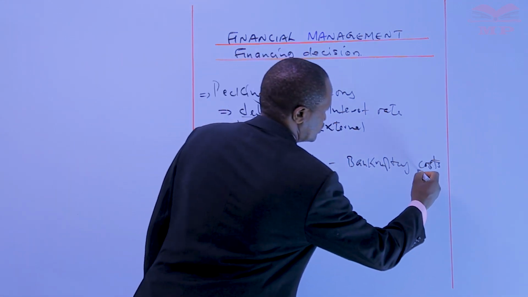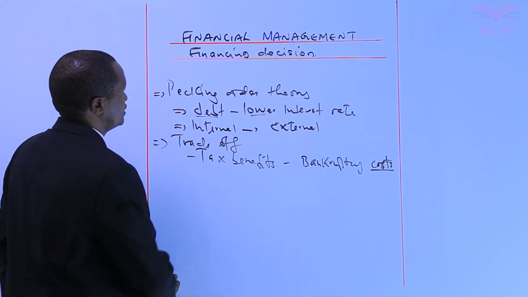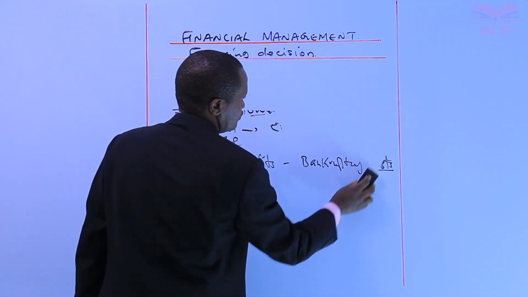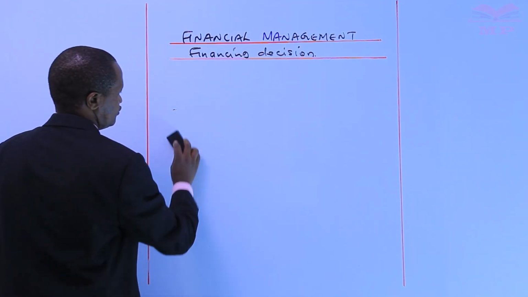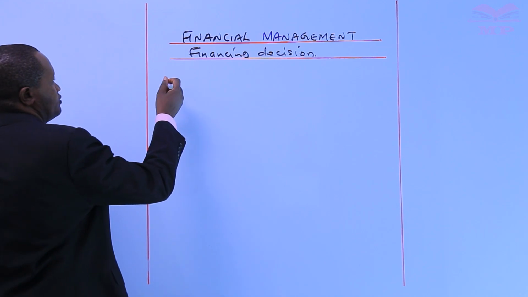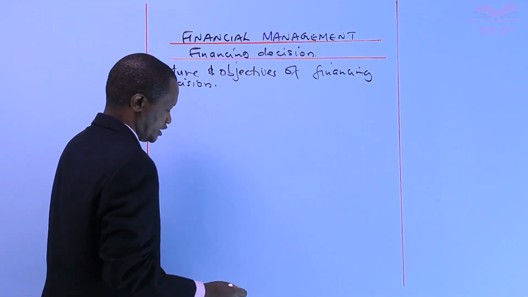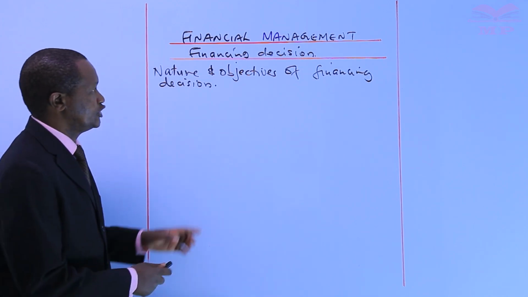Bankruptcy costs. Now, having made the few comments on the financing decisions, let's now move to study the nature and objectives of financing decision. Nature and objectives of the financing decision.